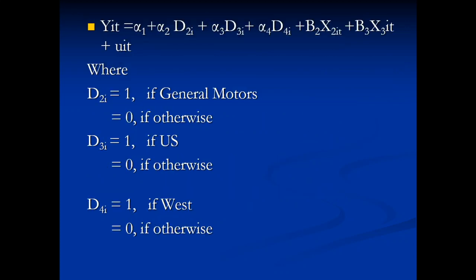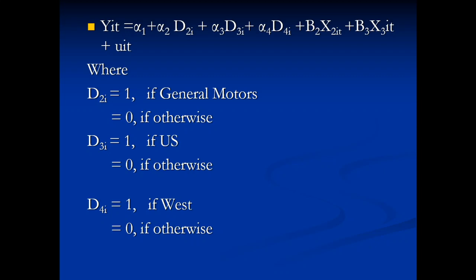Therefore, the equation is written as Yit is equal to alpha 1 plus alpha 2 d2i plus alpha 3 d3i plus alpha 4 d4i plus beta 2 x2it plus beta 3 x3it plus uit. Now the whole beta 1i which we have used for the intercept is split into different dummy variables.